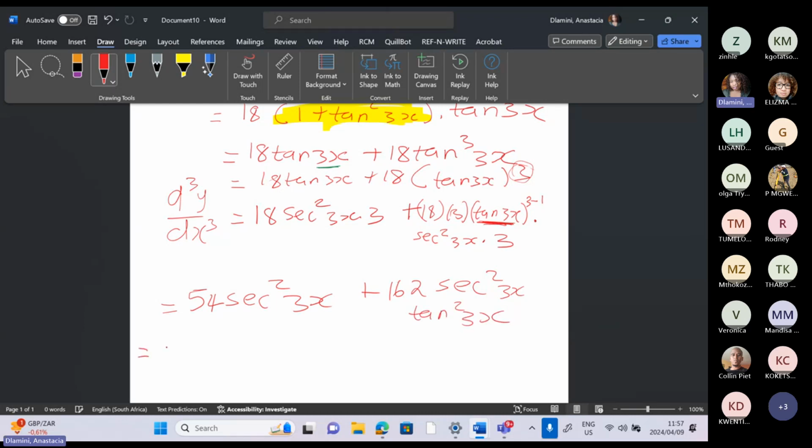So let's write it neatly. This is 54 sec squared 3x plus 162 sec squared 3x times tan squared 3x. Go back to the answer, and that's what we got. Are we all together now? Yes, ma'am.